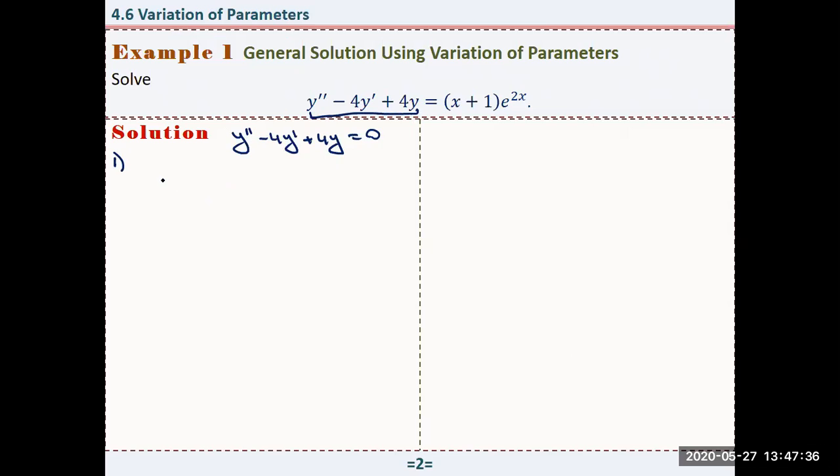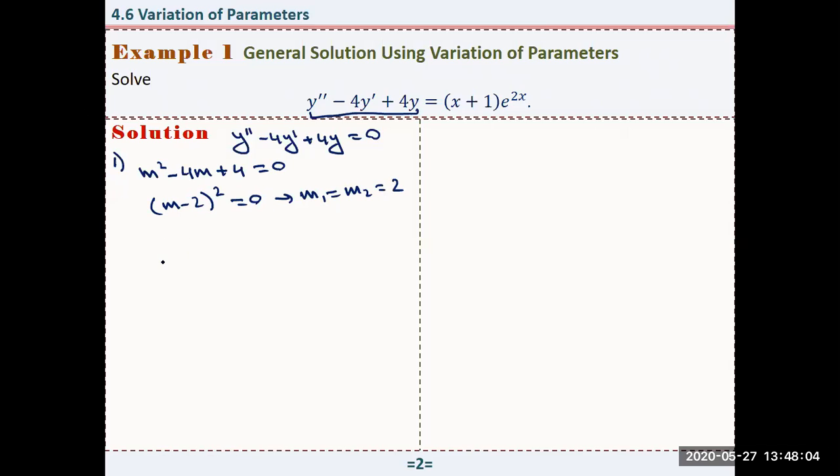So the auxiliary equation for this would be m squared minus 4m plus 4 is equal to 0, or m minus 2 squared is equal to 0. That is m sub 1 equals m sub 2 is equal to 2.